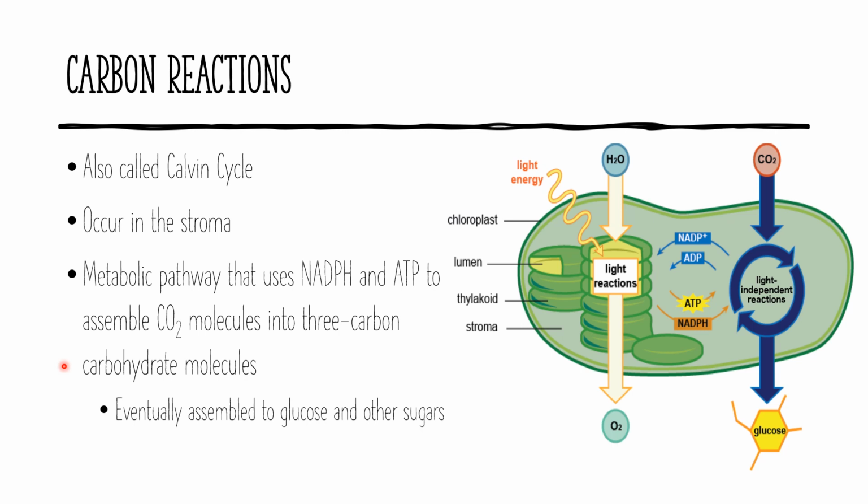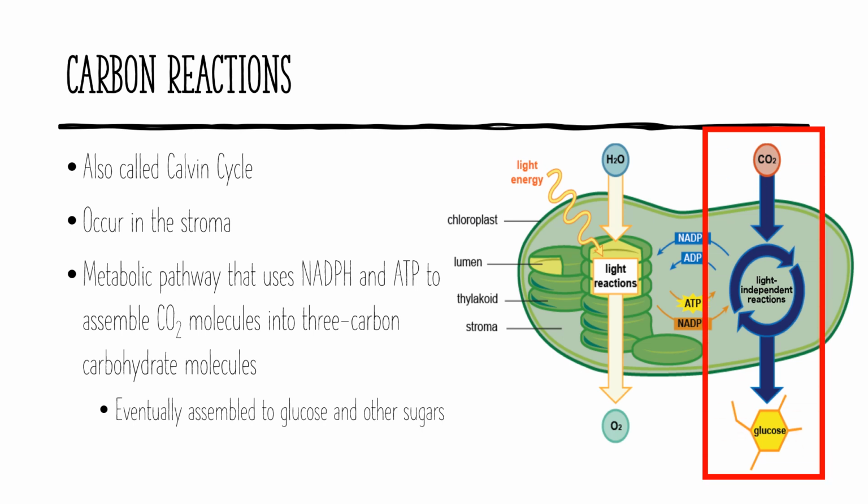These products are eventually assembled into glucose and other sugars. So as you can see here, this part is the light-independent reaction, or the carbon reactions, also known as the Calvin cycle. And the main product for that would be glucose and other sugars.